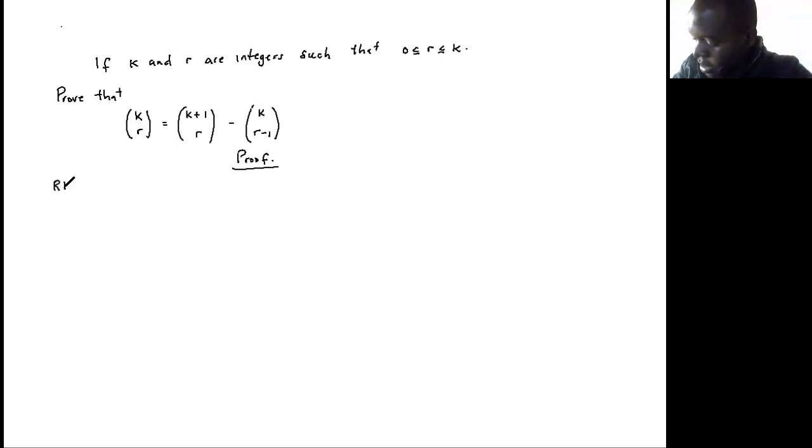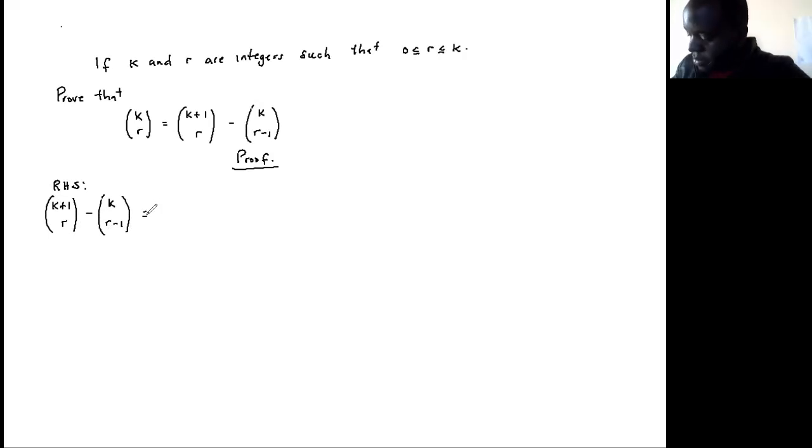So our right-hand side, K plus 1 choose R minus K choose R minus 1. So this is equal to, for K plus 1, we define it the way we define N choose R factorial.